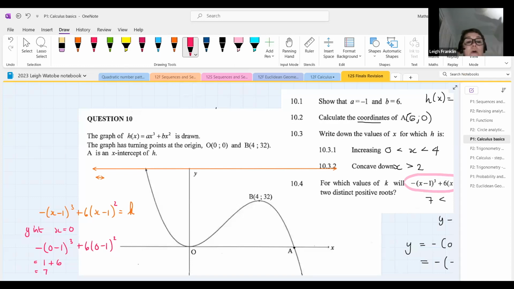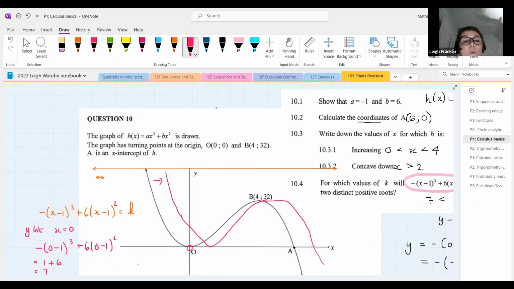So when this graph shifts over 1 unit to the right-hand side, the y-intercept is no longer at 0. It's now going to be at 7, okay? So in other words, your graph would end up doing something like that, and then doing that. Does that make sense to everybody?